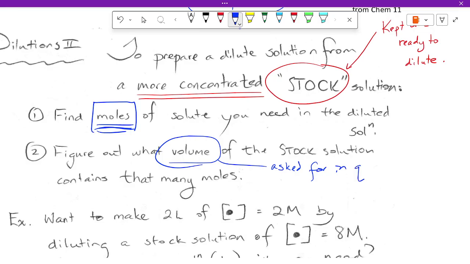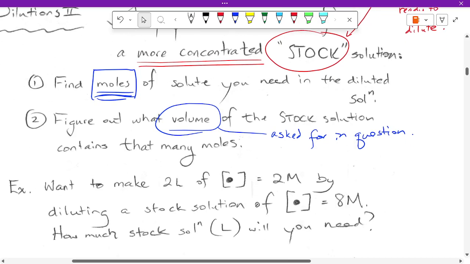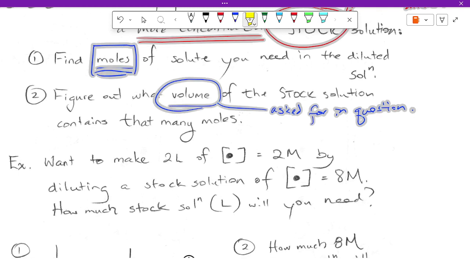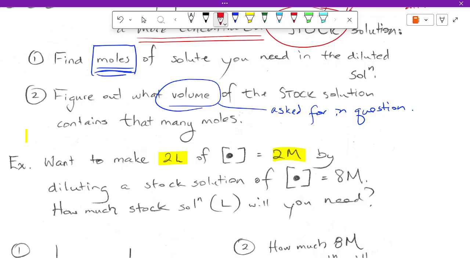We're going to do this visually to start with, and then we're going to do the math around it. So what we want is to make 2 liters of 2 molar. And remember, what does "of" mean? Times.